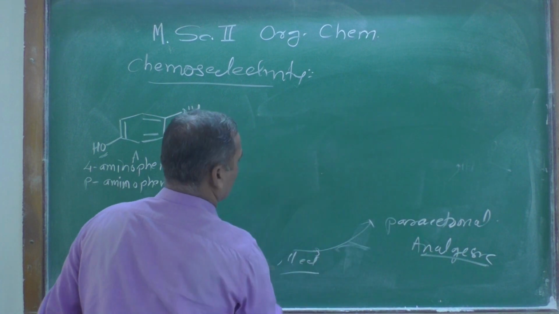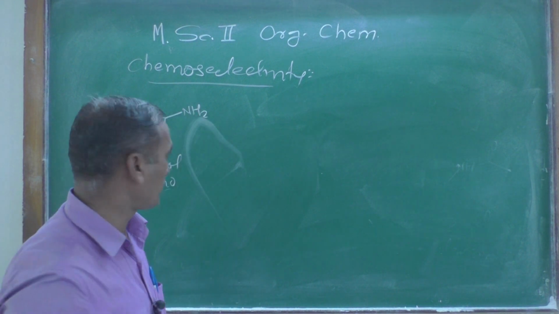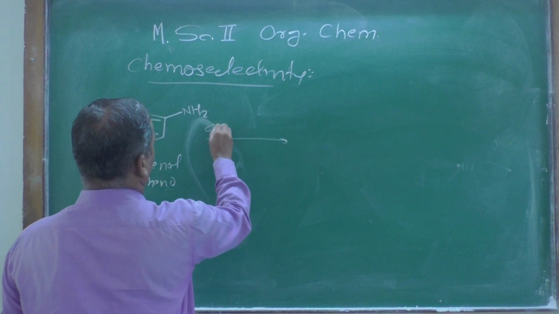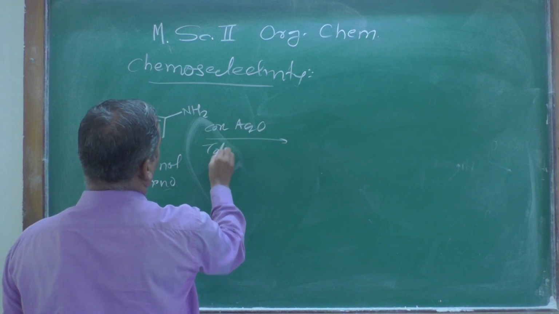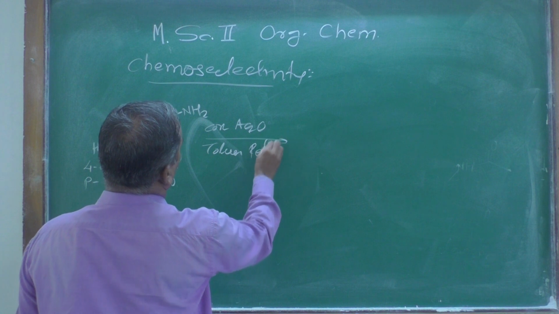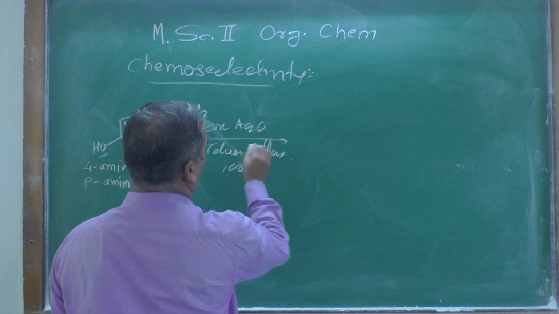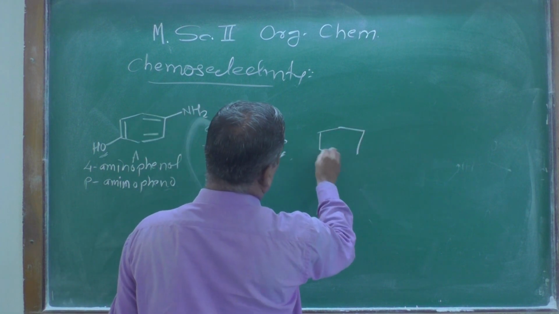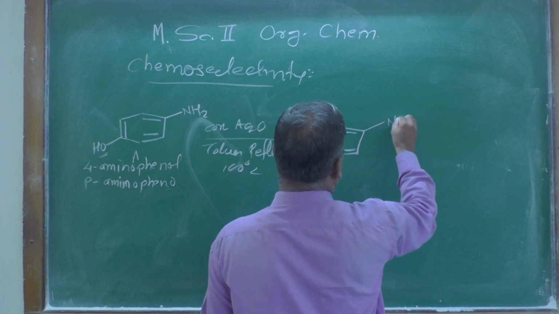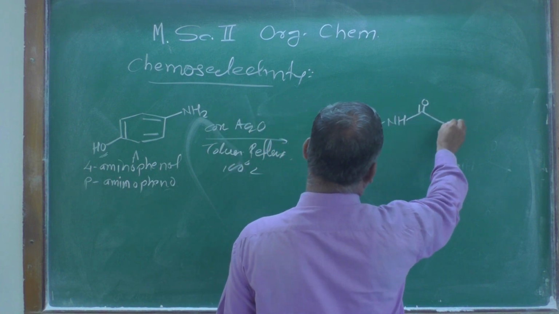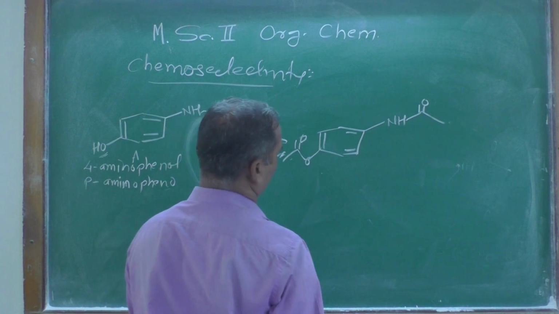If it is treated with the same reagent, that is concentrated acetic anhydride, Ac2O, then toluene, reflux condition, or what we can call 100 degrees centigrade. What do you get? You are going to get both the groups reacted. We will get NH, then double bond O, this acetyl group, O, and then C double bond O, CH3.